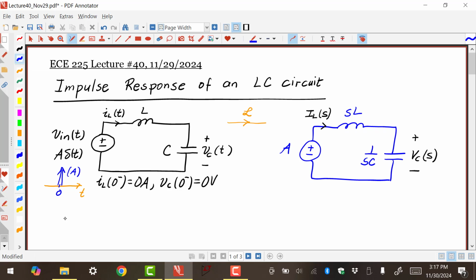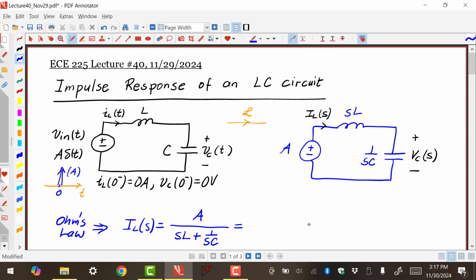And you can do that with Ohm's law. So with Ohm's law, we have that the inductor current, I_L(s), is the applied voltage, which in this case is A, divided by the sum of the impedances. That's all there is to it. So once we have that, now we start the simplification process.